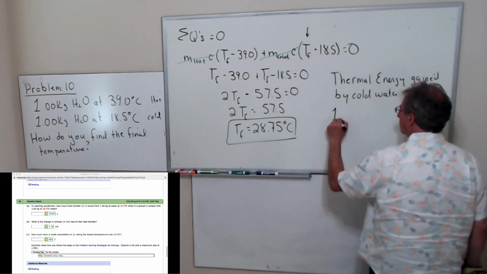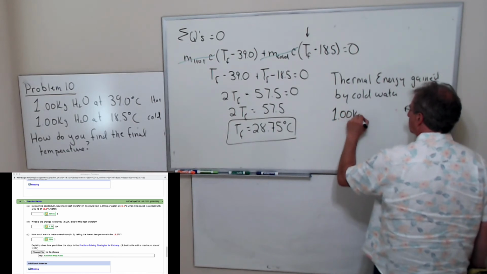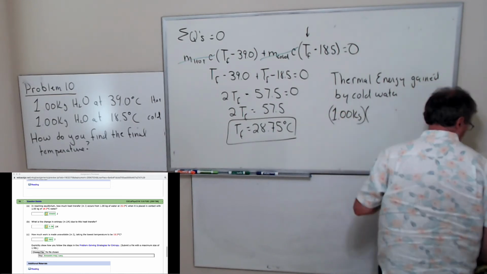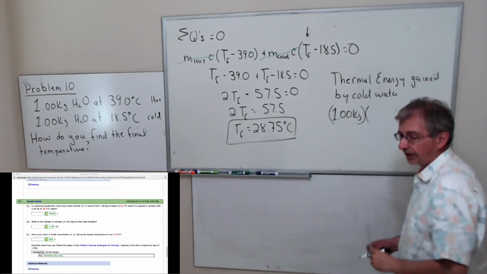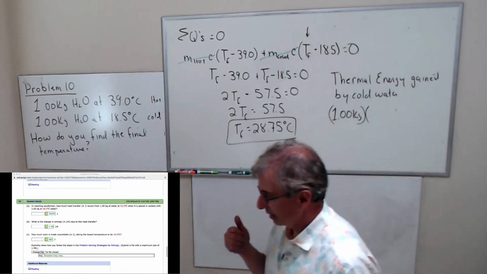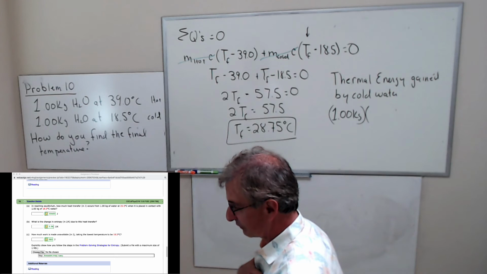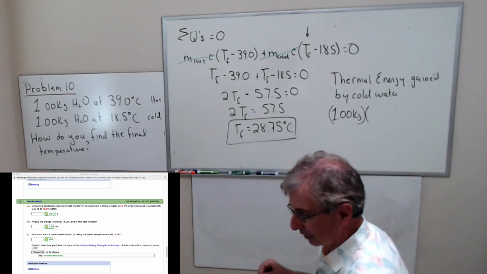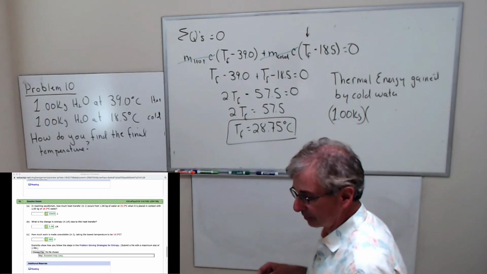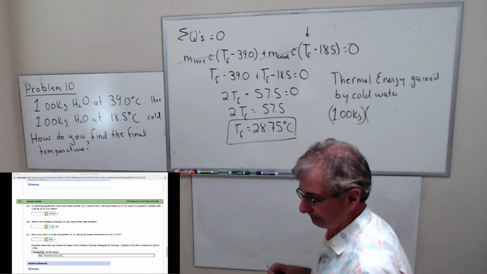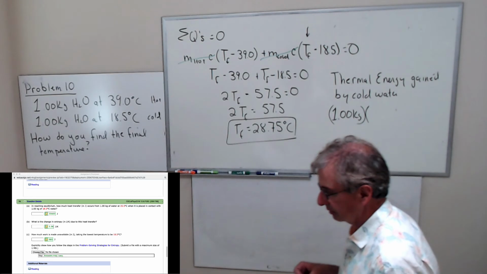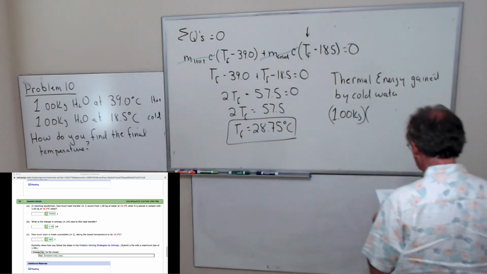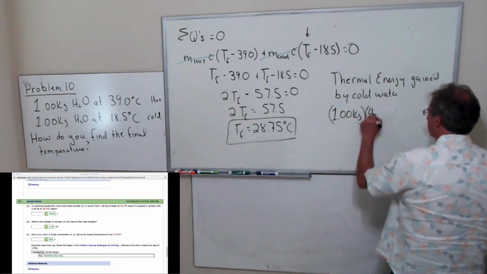So you have 1 kilogram. And, okay, so I need to mention this. When I look up the specific heat of water, I get 4184. But in WebAssign, for this particular problem, they use 4186. Okay, so it makes a little bit of a difference. But in their solution, they use this value.